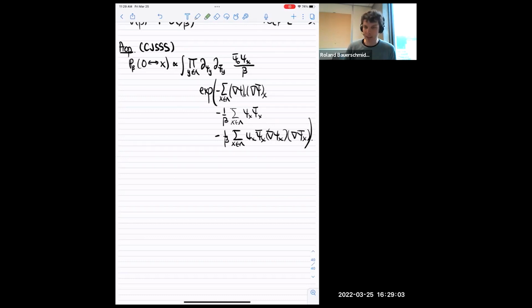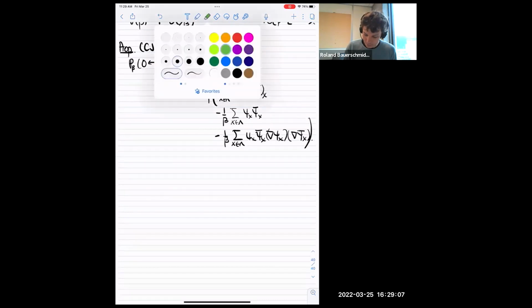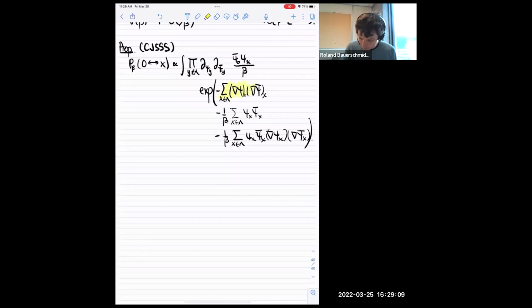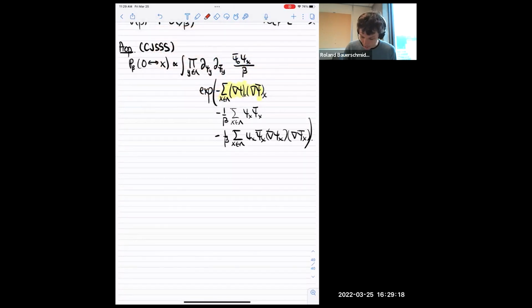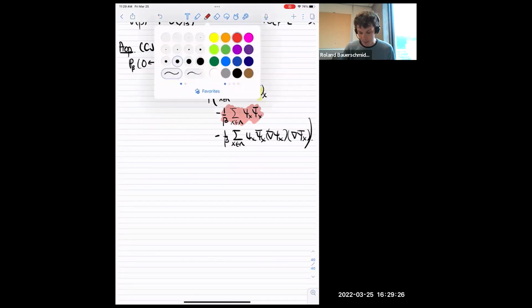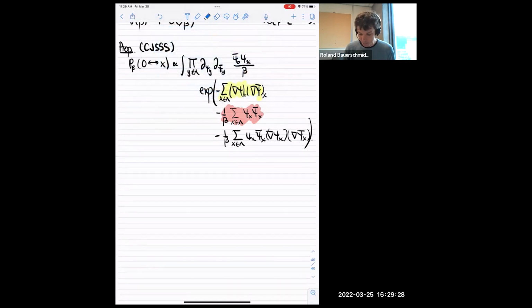So this looks like the model we've been considering. There's a free field term, like this one. In fact, it gets even better. There's a mass term. So in fact, it's a massive free field, and the mass is 1 over beta. But then there's also an interaction term, which is this one.